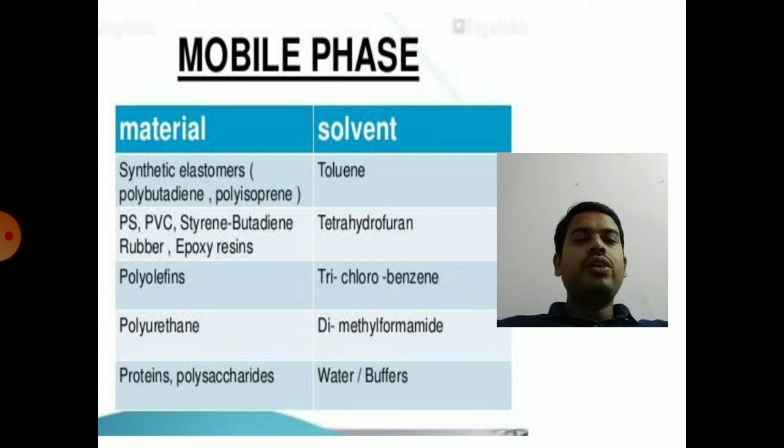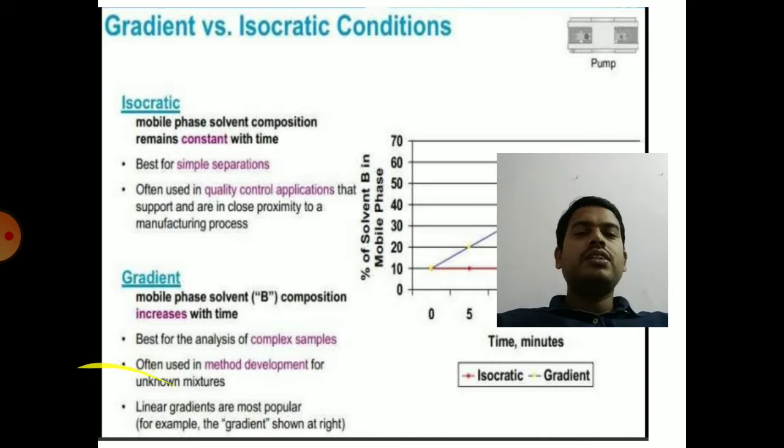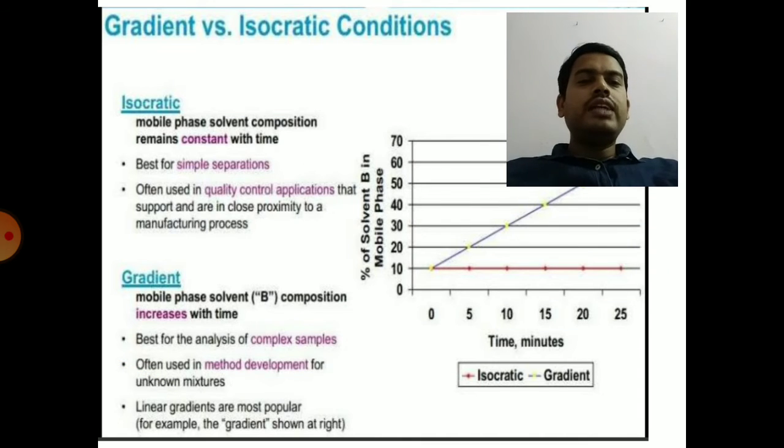If you are using polyolefins, you use trichlorobenzene. If you are using polyurethane, dichloroformate. If you are using proteins or polysaccharides, you use water or buffers. So that is molecular exclusion or size exclusion chromatography.